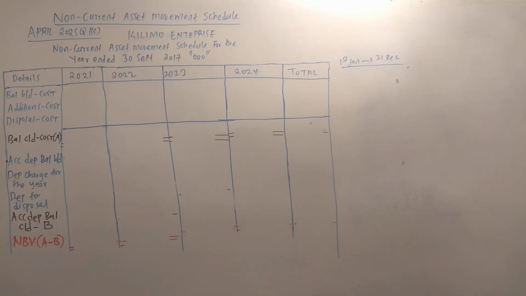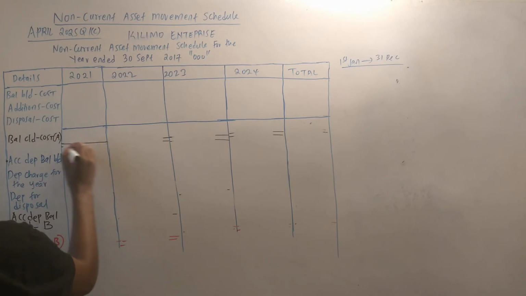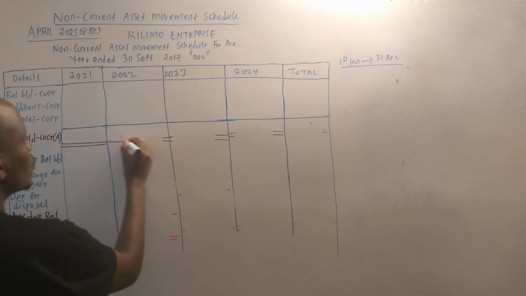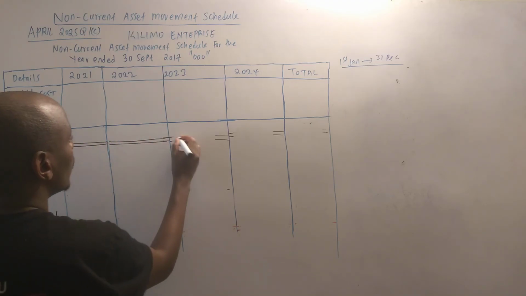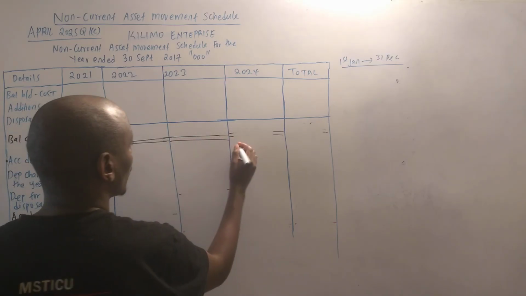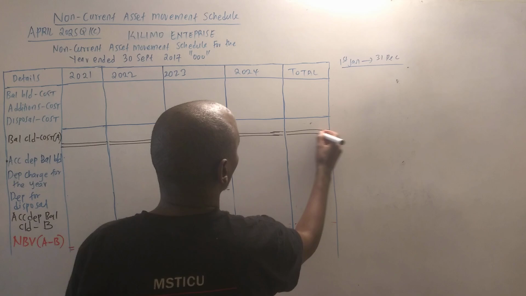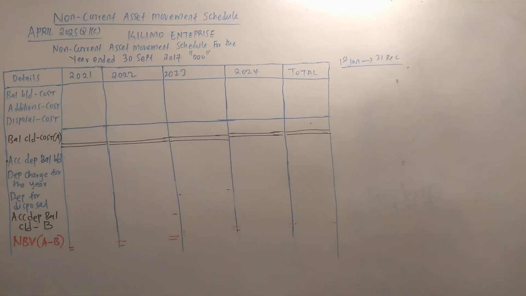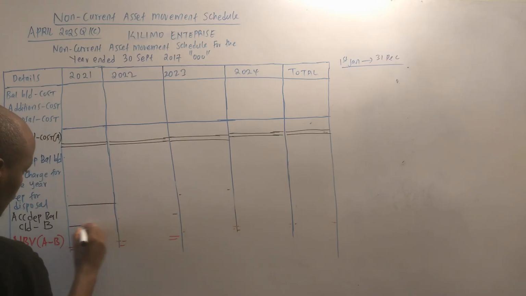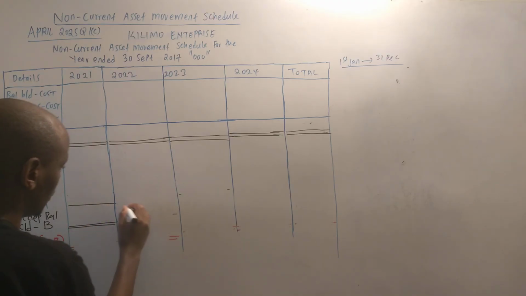Others require you to use the name of the asset. Other questions require you to use the years. So regardless, make sure you understand. Let me put also this one, because it's an important balance.